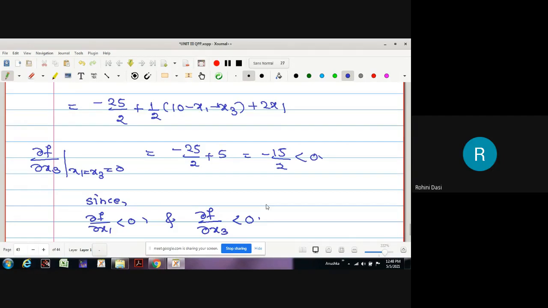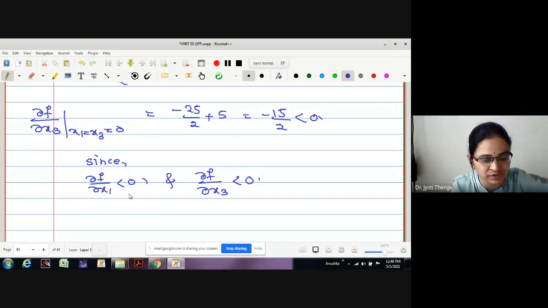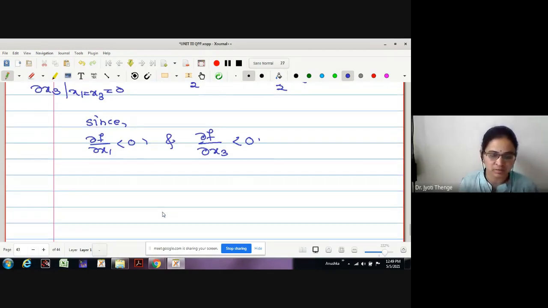In order to continue, we want actually one of the partial derivatives to be positive. Here both the partial derivatives we obtain are less than 0. Therefore, neither x1 nor x3 can be the basic variables.